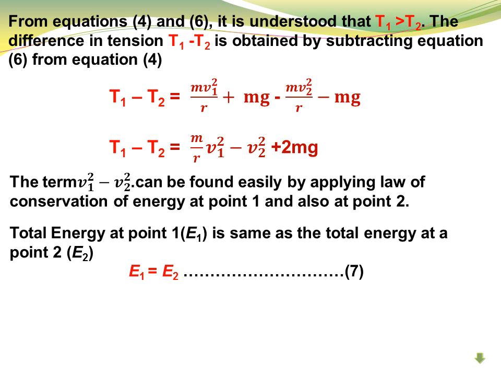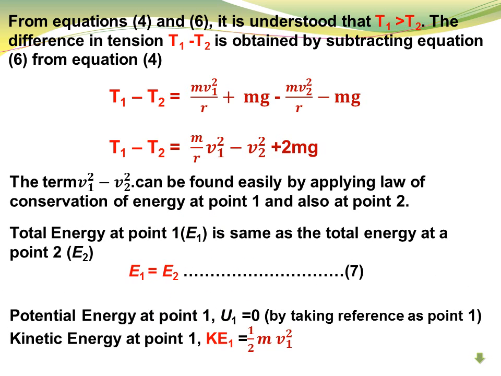Remember, the gravitational force is doing the work on the mass. As it is a conservative force, the total energy of the mass is conserved throughout the motion in the circle. So the total energy at point 1, E1, is the same as the total energy at point 2, E2. Therefore we get E1 is equal to E2.